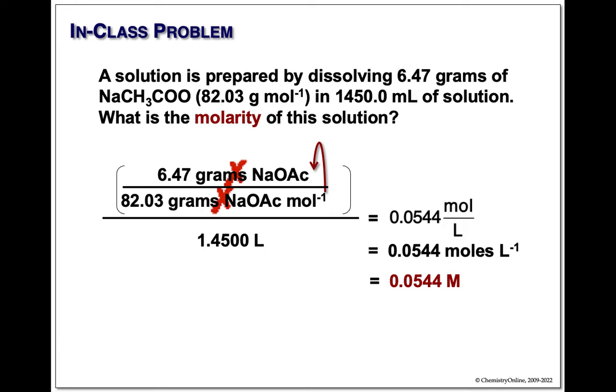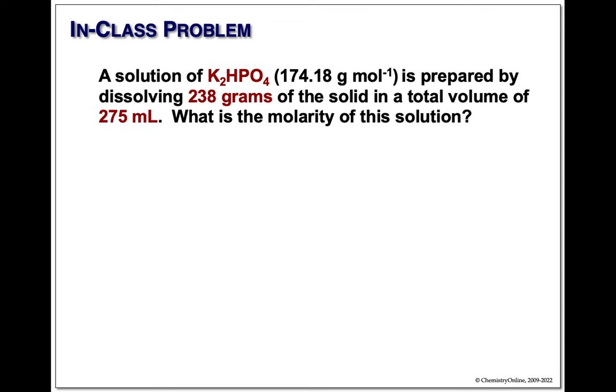Any questions? We have potassium hydrogen phosphate. This is its molar mass. We dissolve 238 grams of the solid in 275 mL. What's the molarity? This was actually an exam question.